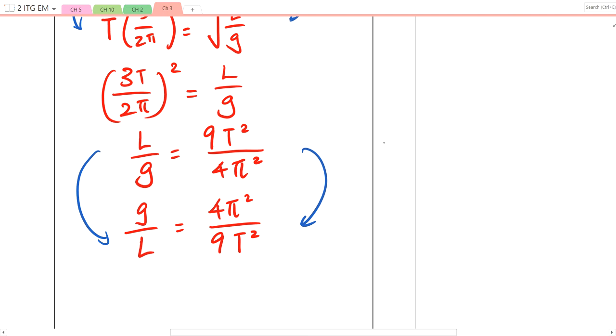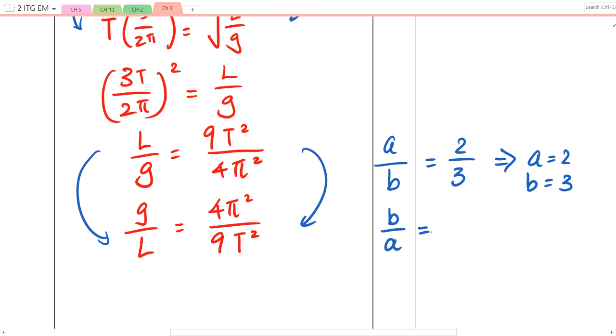When we have A over B equals to, for example, 2 over 3, this tells me that A equals to 2 and B equals to 3, right? So if I want B over A, this tells me that, hey, I've got 3 over 2 based on these answers.